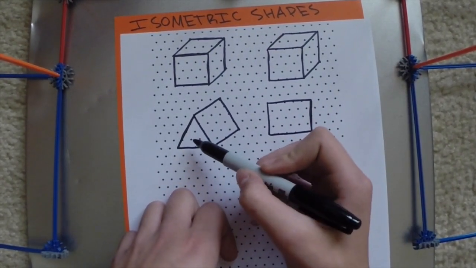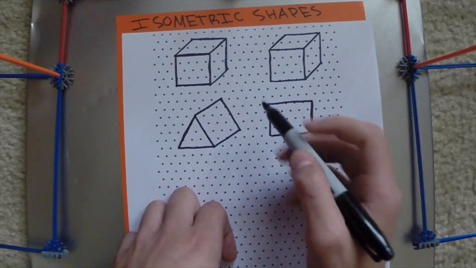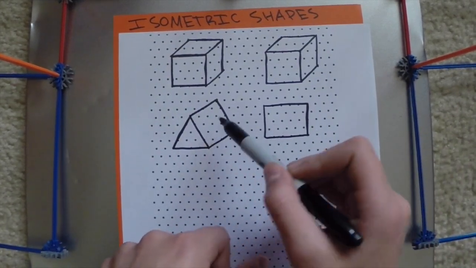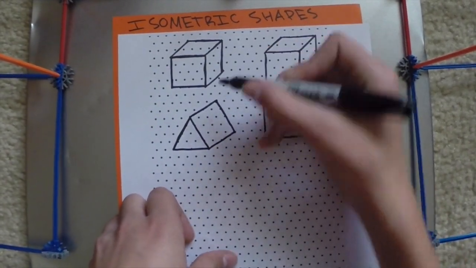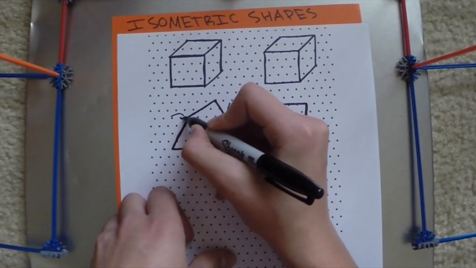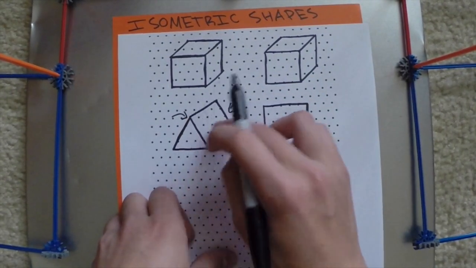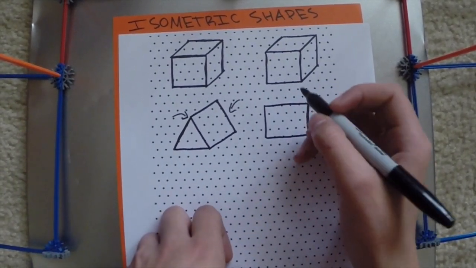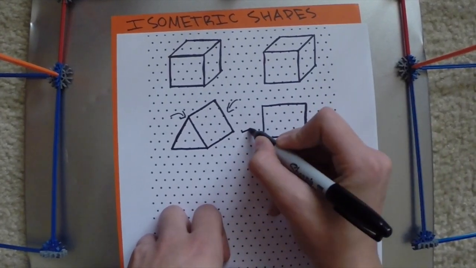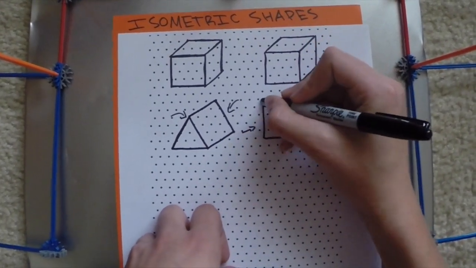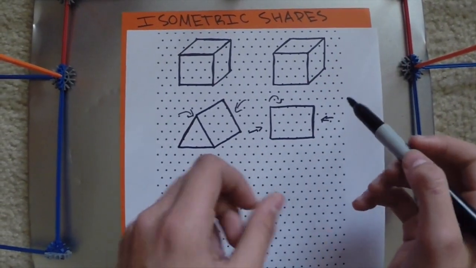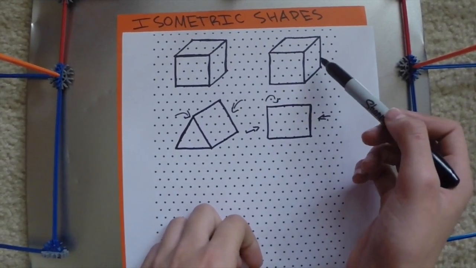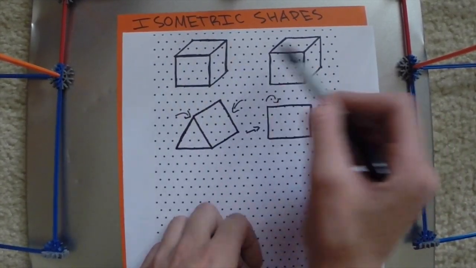The reason this would be just a rectangle is that you can't see the back side of this triangle. You can only see the front two sides. And with this one, you can only see one side, and you can't see this triangle, that triangle, or the back triangle. And that's the same for the cube, it's the same on all of the sides.